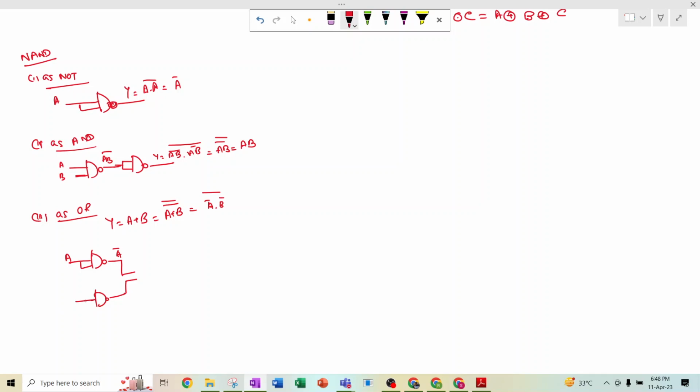If we put B, we get B bar. Then if we put these as the input of the next NAND gate, we get A plus B, which is basically the OR. So using the NAND gate, you can easily write any of the gates.